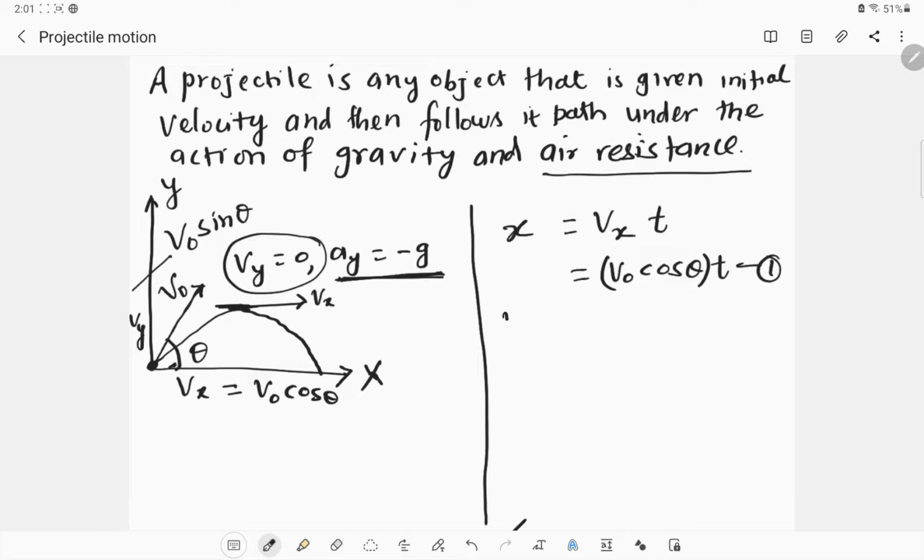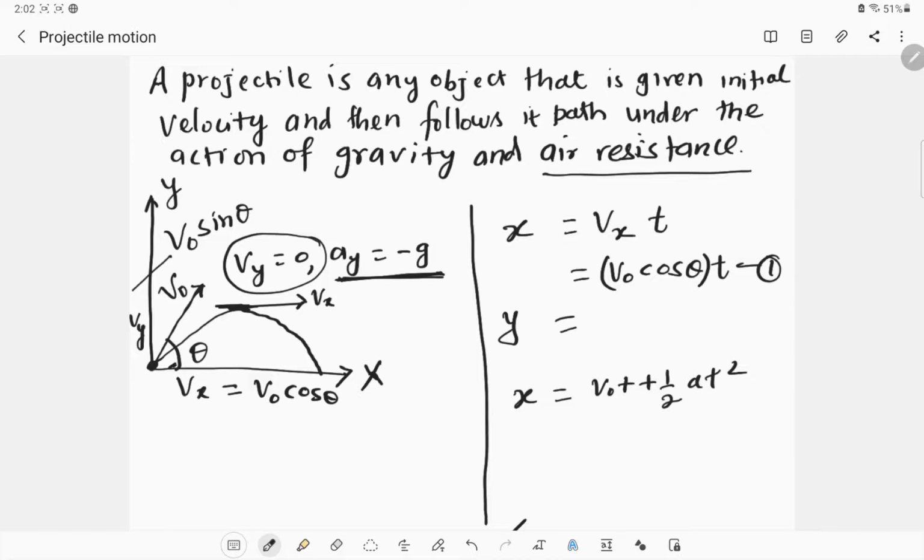The second one is the y position, and it can be written using one of the kinematic equations, x equals v naught t plus half a t squared.